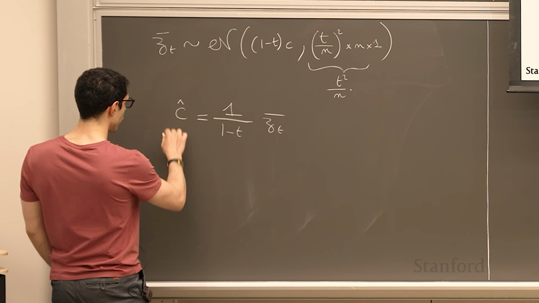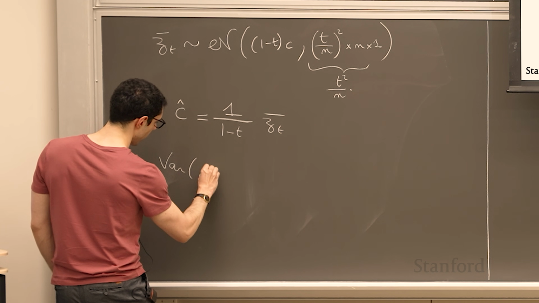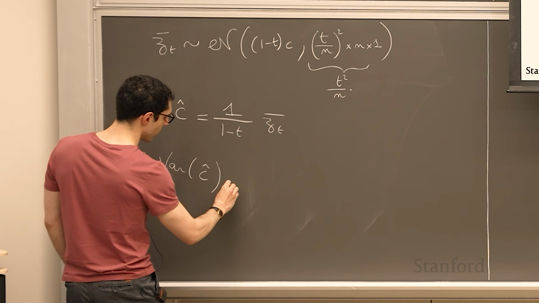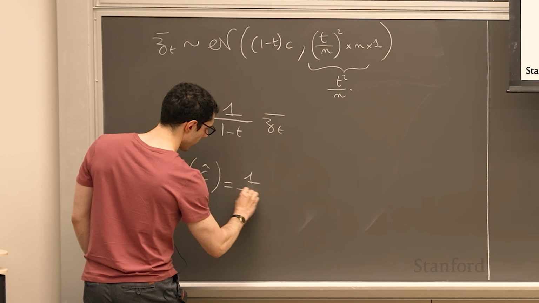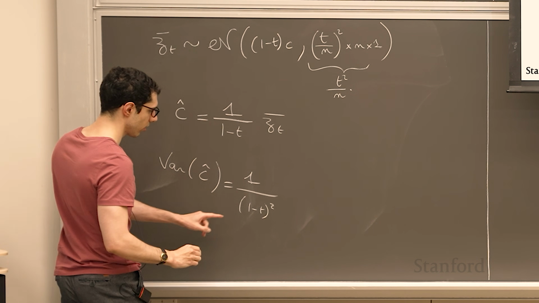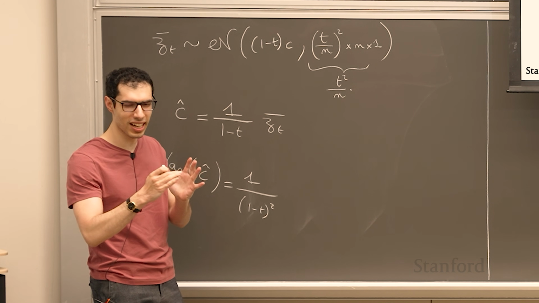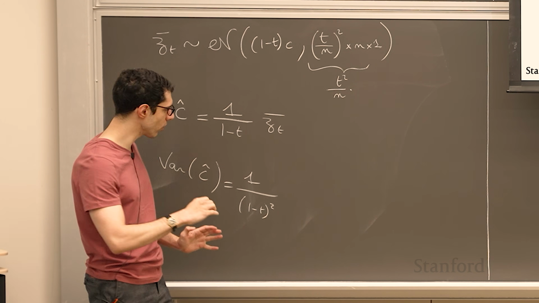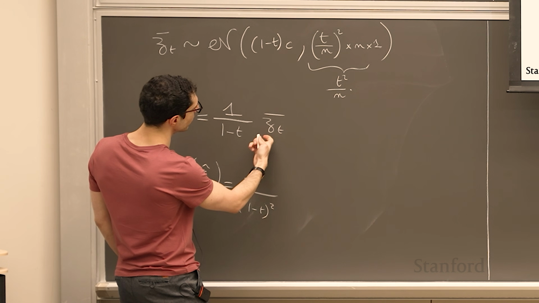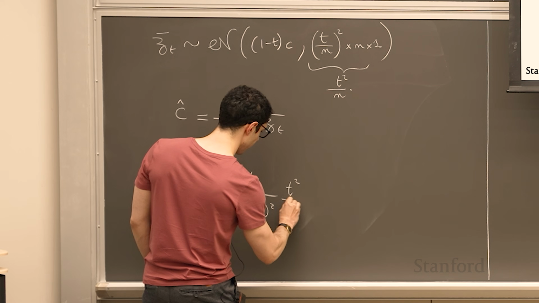This factor in front is a constant, so the variance is the constant squared times the variance of this one, which is t squared over n.